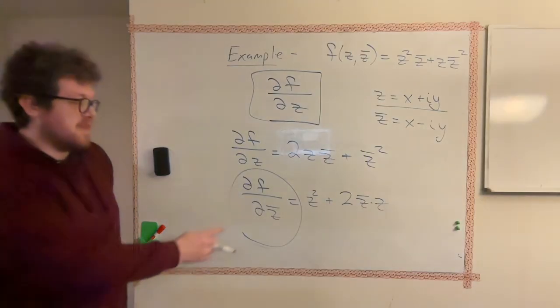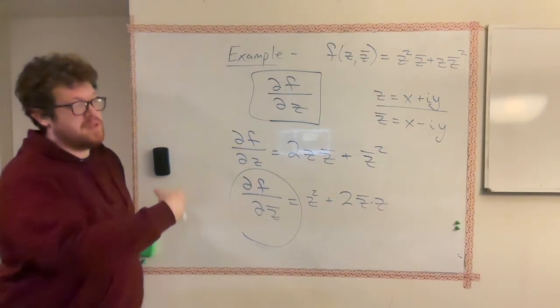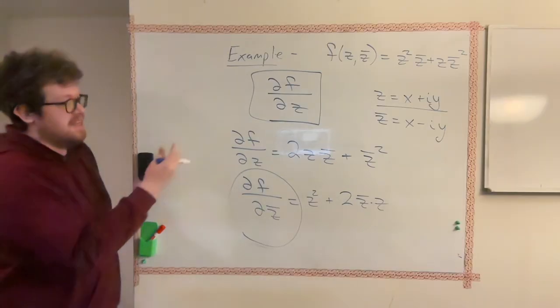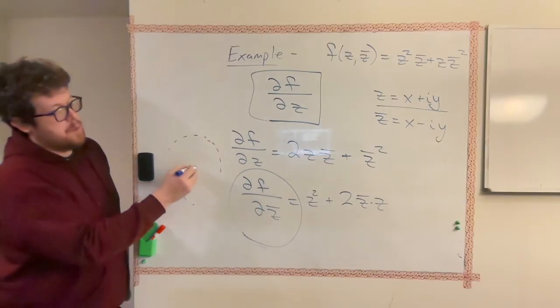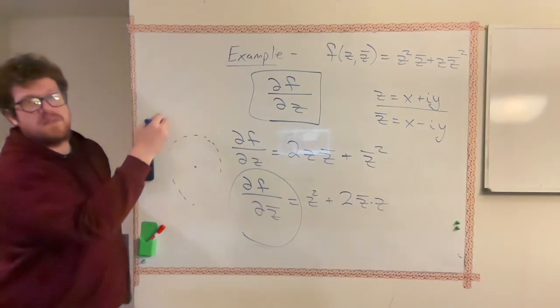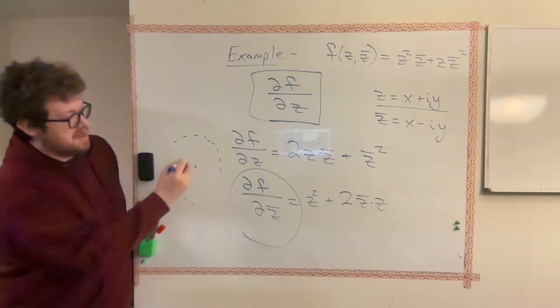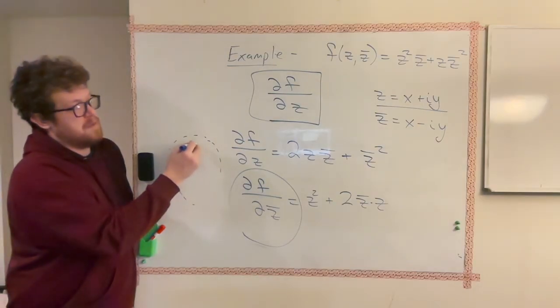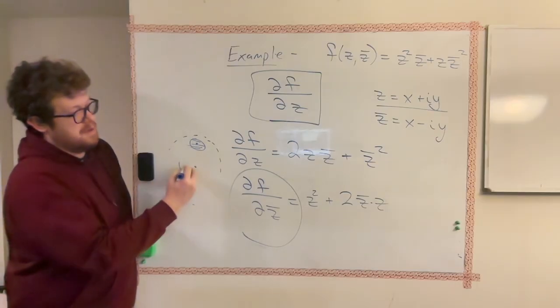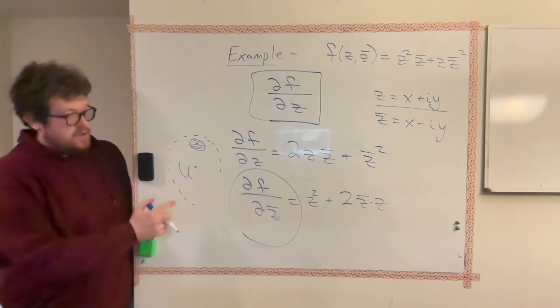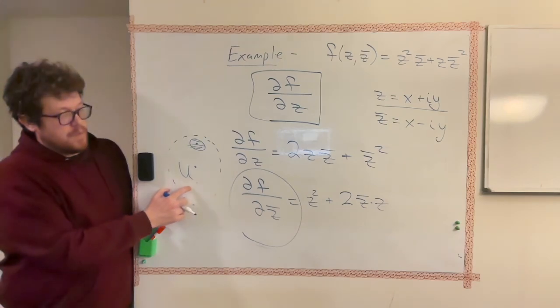So if this whole thing is equal to 0 on some open set, you want to think of some open ball, but it could be not perfectly shaped. Essentially an open set is just some set where if I pick any point, there's always some open set I can draw around that point where I'm still contained in the set. We'll usually call this open set U.